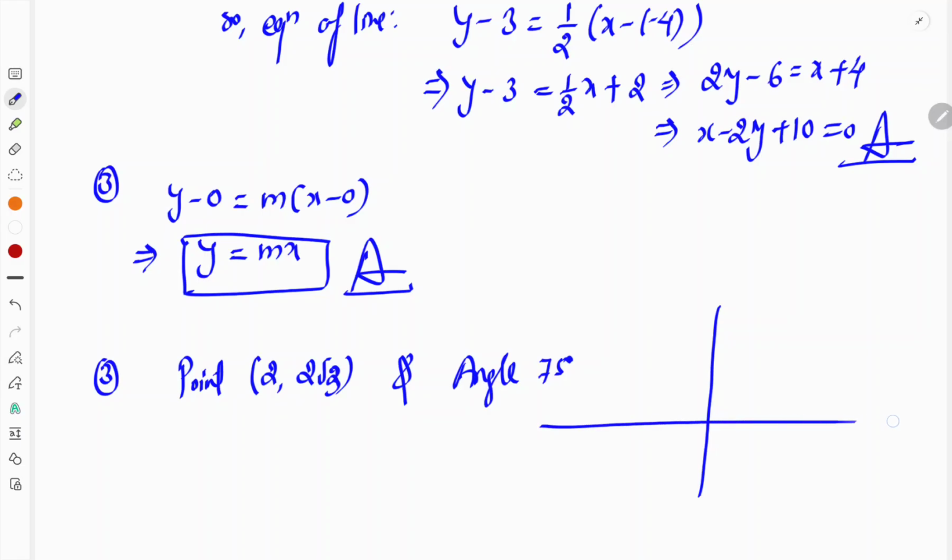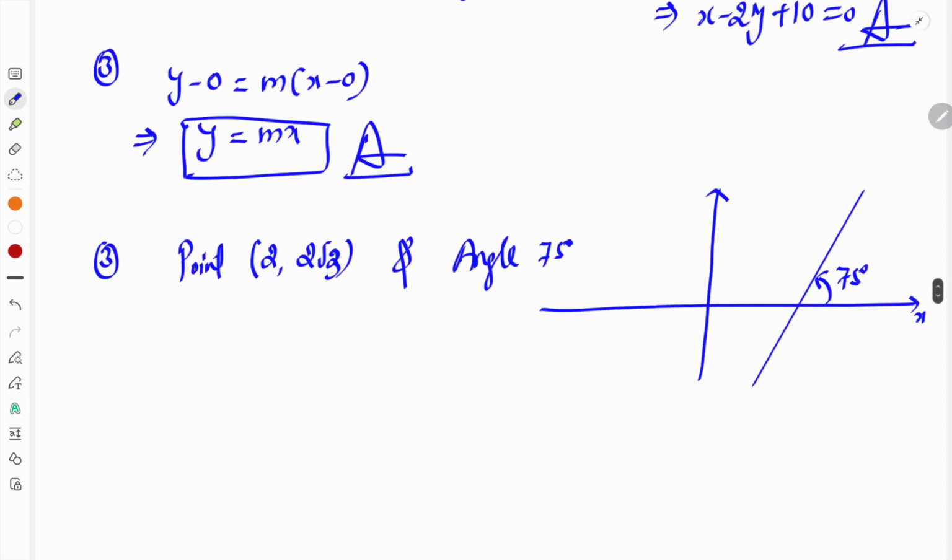Dear student, let's say I am taking this one case, that this angle is 75 degrees. In this way it is making a 75 degree angle with the x-axis. So the slope will be what? Slope m equals tan theta, meaning tan 75 degrees. If you know, it is cot 15 degrees, and the value of cot 15 degrees is 2 plus root 3.